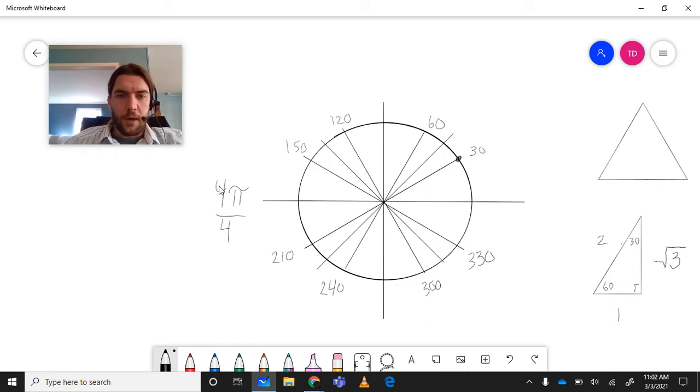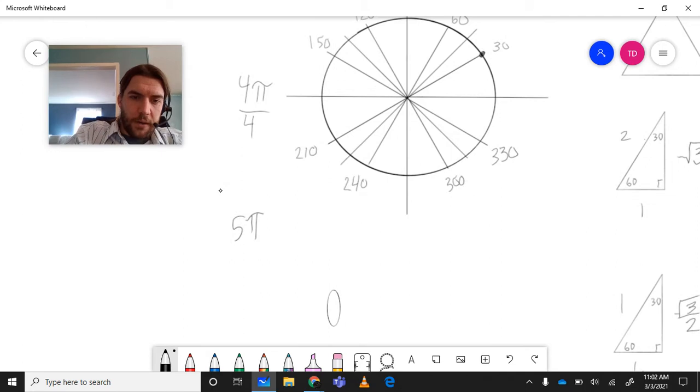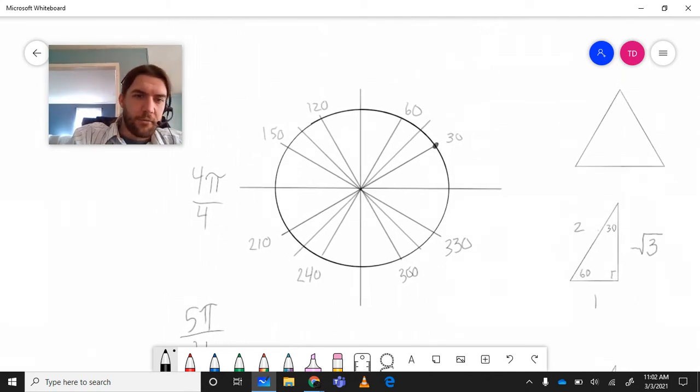If I had to break this up, I need to get one more pi over 4 to reach 5 pi over 4, which means I need to figure out what a fourth of this is and then go that much further. Half of this, 2 pi over 4, would be up here, which means 3 pi over 4 would be in the middle.